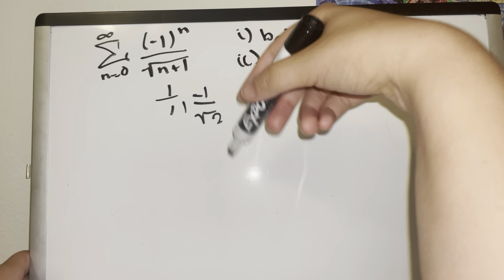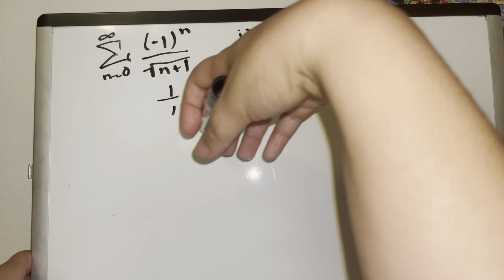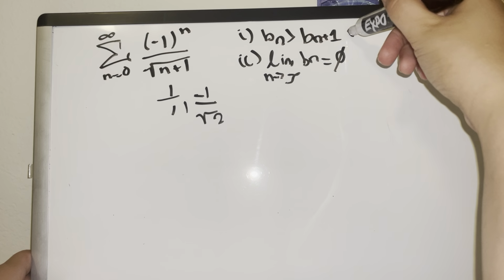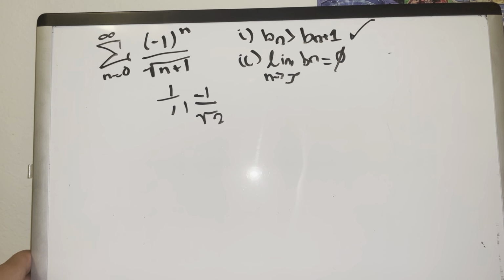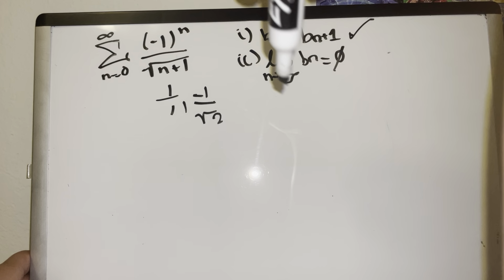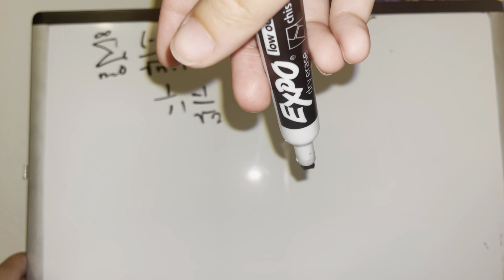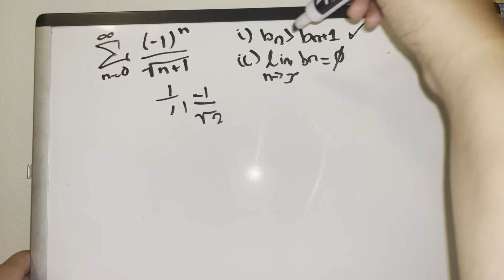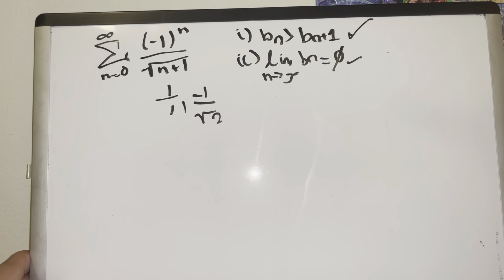So here we can see that our B0 is greater than B1, so that's good. And we can also see that it's going to 0 as well. So it checks off this one.